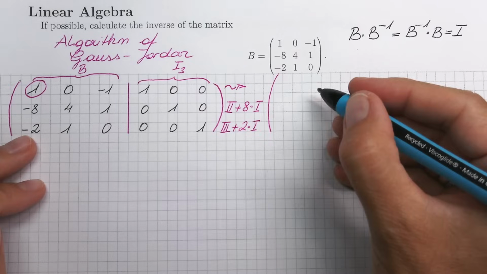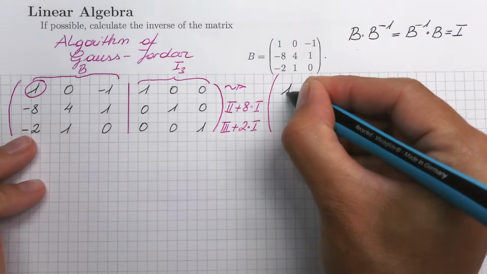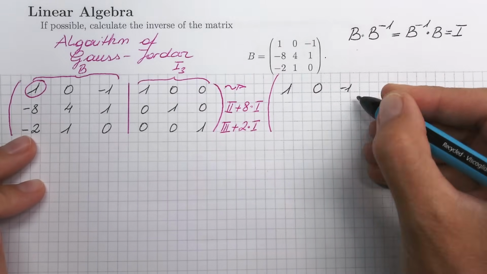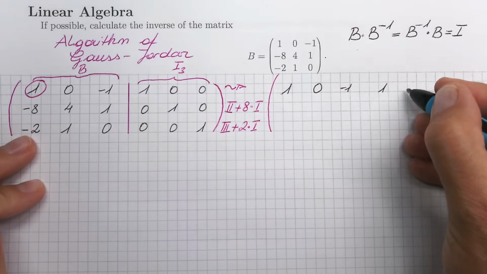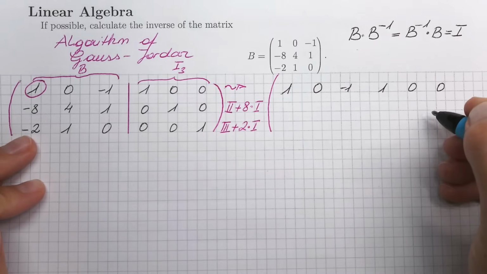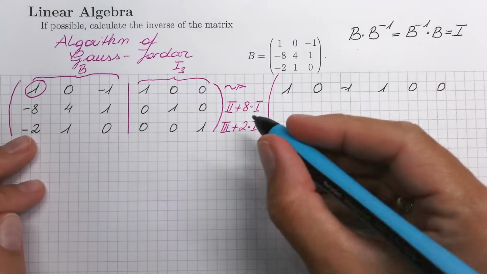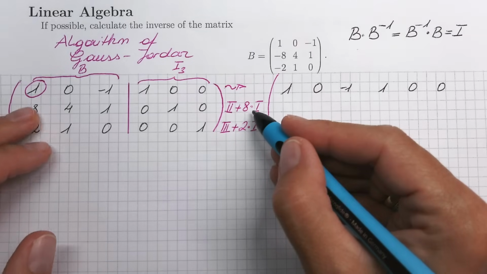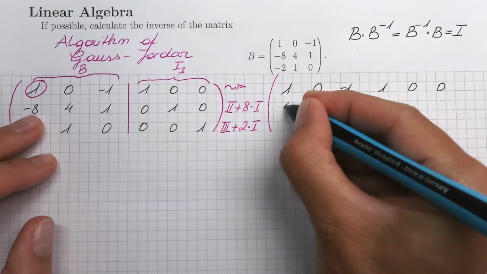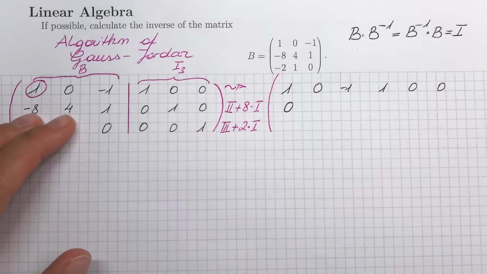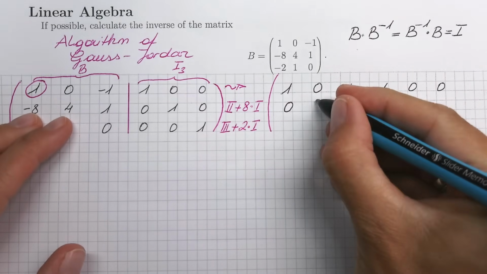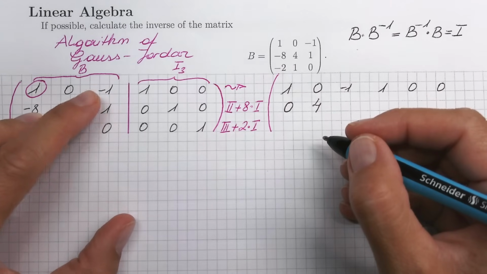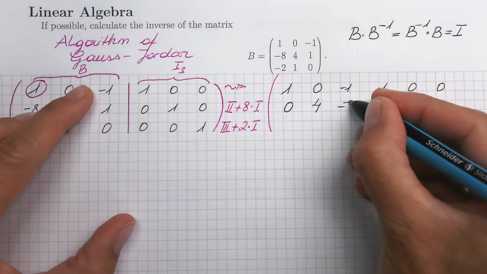So the first row is being untouched. It's 1, 0, minus 1, leave some space, that's 1, 0, 0, okay? Then the second row plus 8 times the first row. Minus 8 plus 8 is 0. Here 4 plus 0 is 4. 8 times minus 1 is minus 8, 1 minus 8 is minus 7.